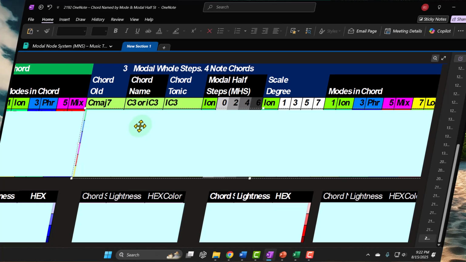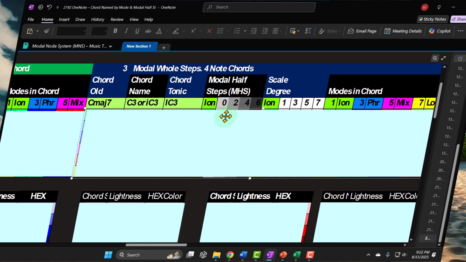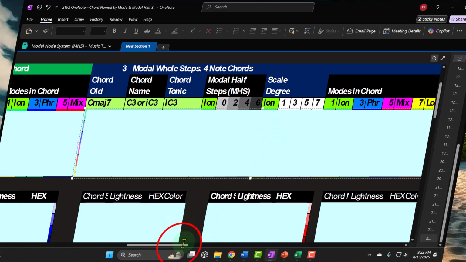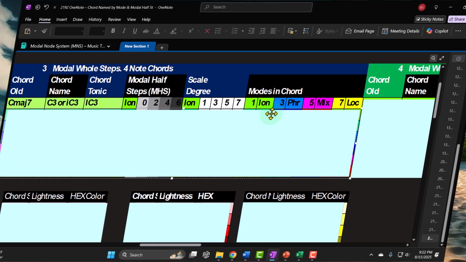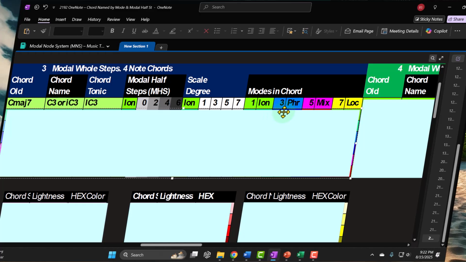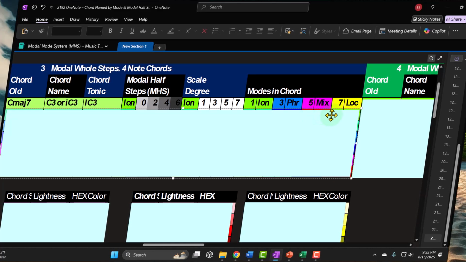You're going to go from the Ionian node, it's a 4-note Ionian chord, meaning from the Ionian node, you're going to go up 2 modal half steps, 2 shades of gray, 4 modal half steps, or another 2, which would be 4 from the start, 4 shades of gray, and then 6 modal half steps, meaning that if you start on the Ionian, you're going to go up 2, land on 3, which is the Phrygian, go up another 2, land on 5, which is the Mixolydian, up another 2, which is 7, which is the Locrian.